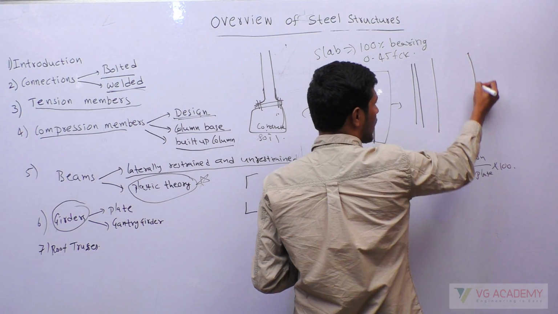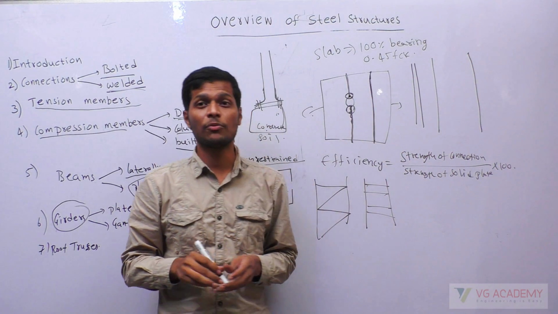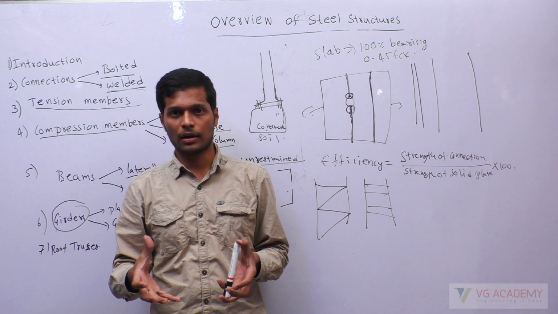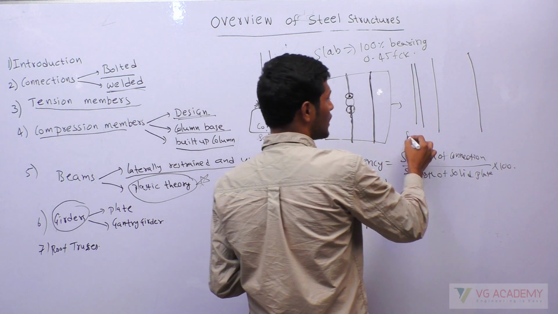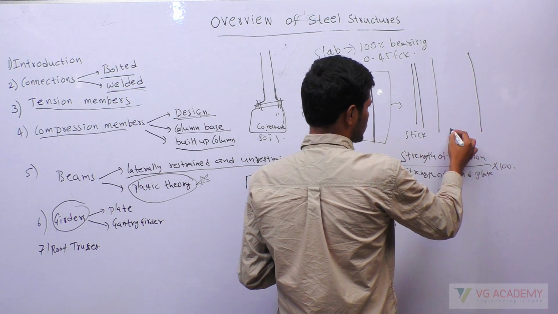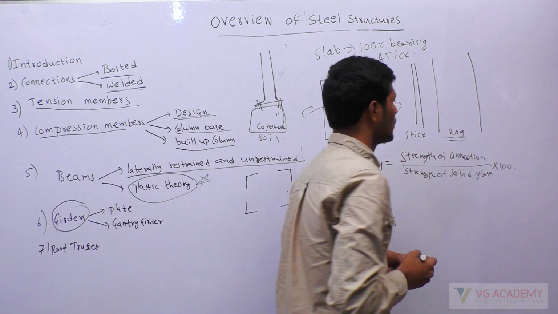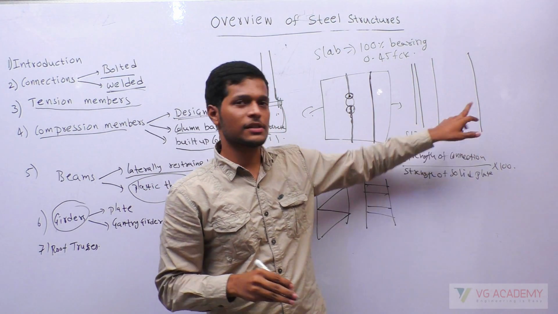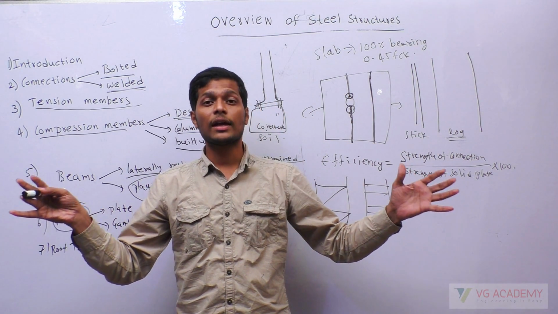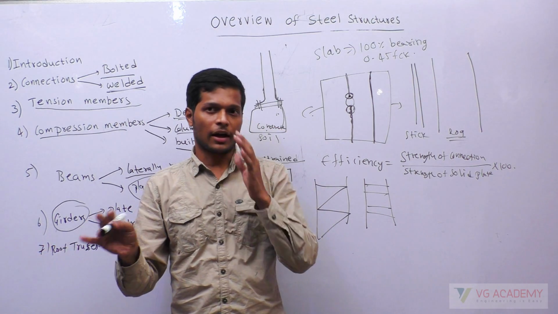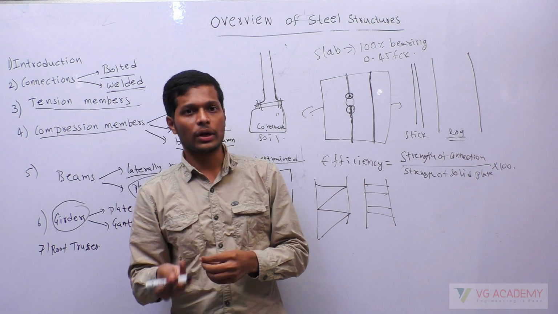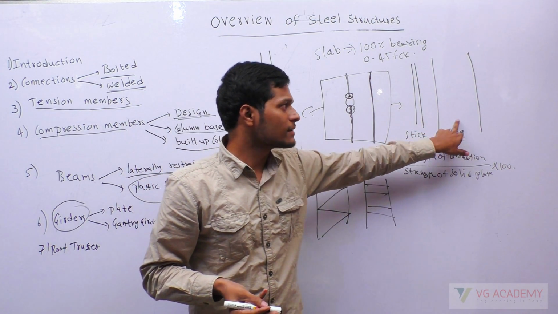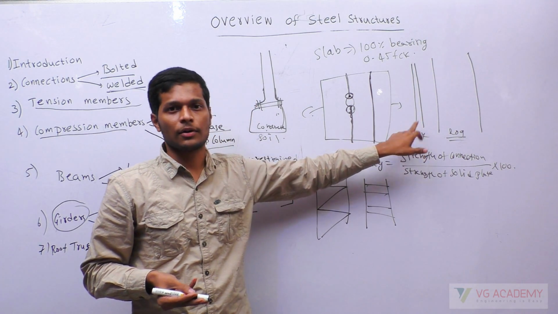Suppose if I give a large section, then we call it as wooden log. We call this as stick. We call this as log. We don't call this as stick because its size is very heavy. I hope you are able to correlate.